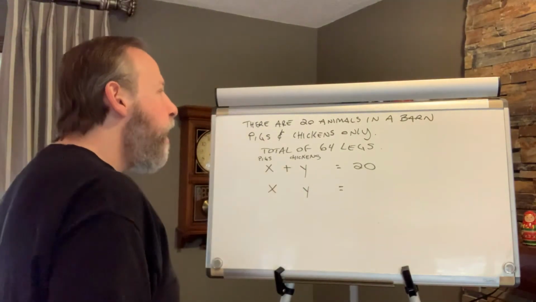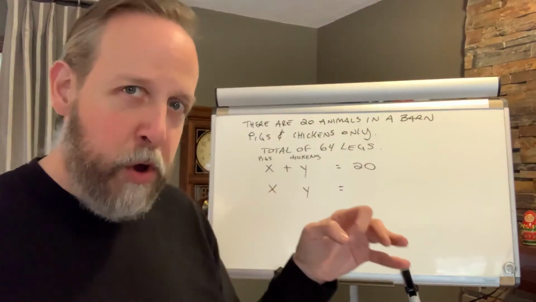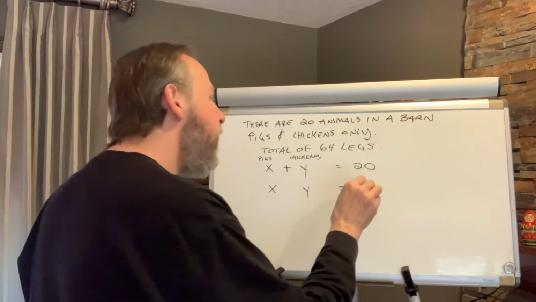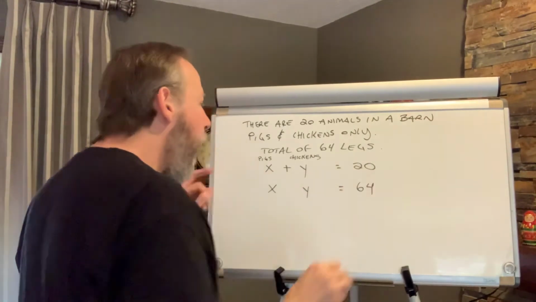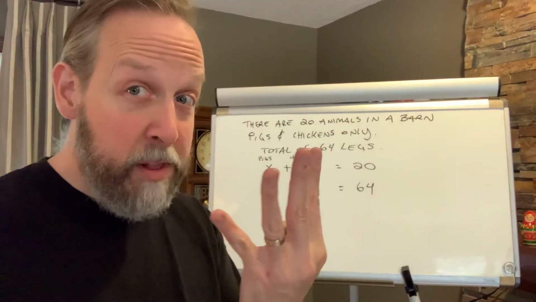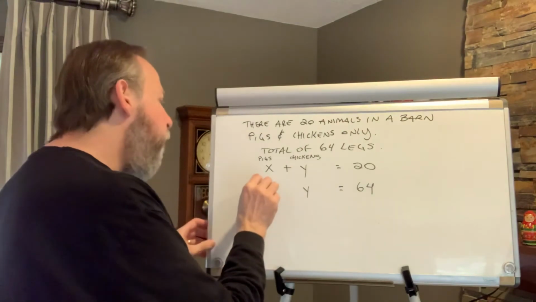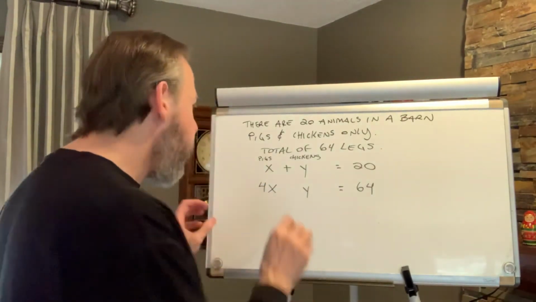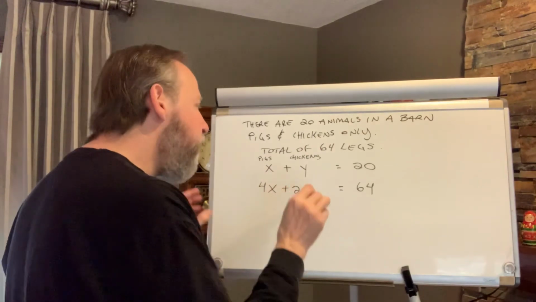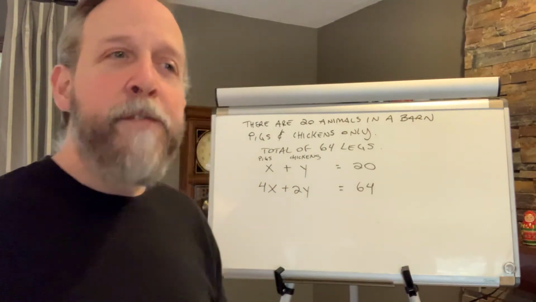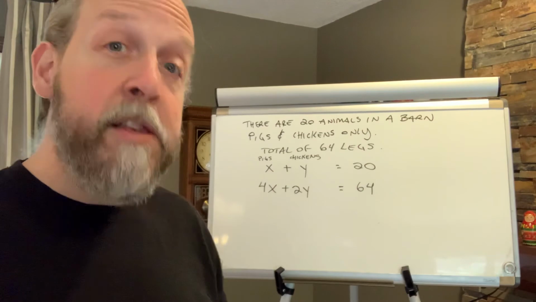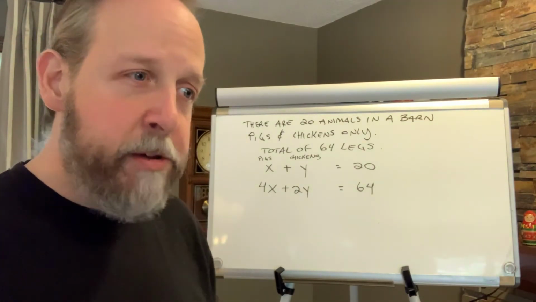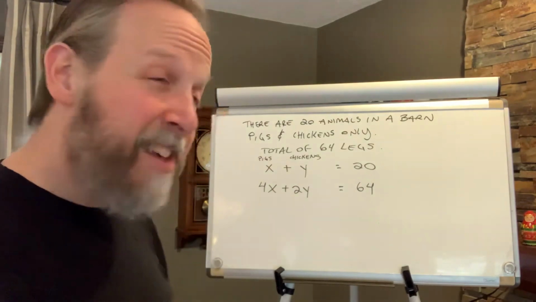Now, the second line has to talk about their legs, because we said that there were 64 legs. A pig has 4 legs. So 4 legs per pig. A chicken has 2 legs. So plus 2 legs per chicken for a total of 64 legs. At this point, you've got a system of equations in standard form, and we can solve it.